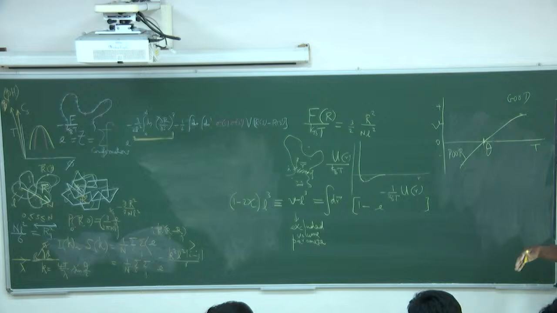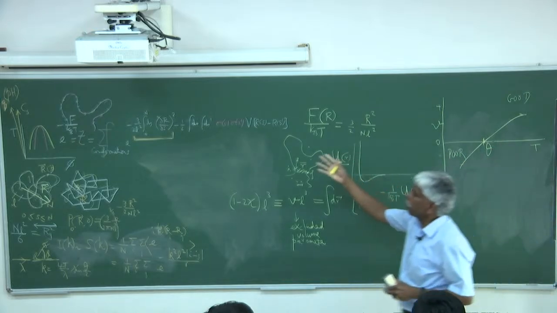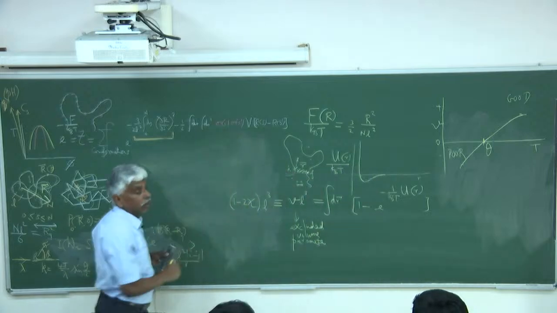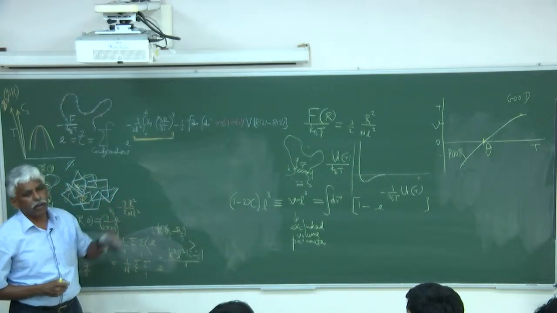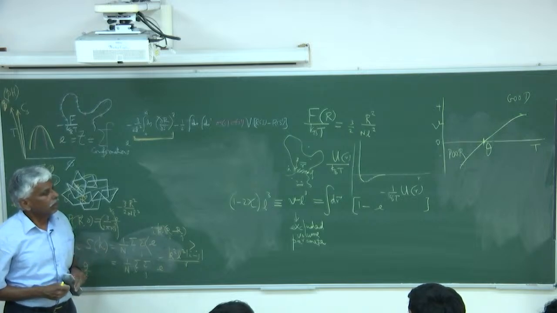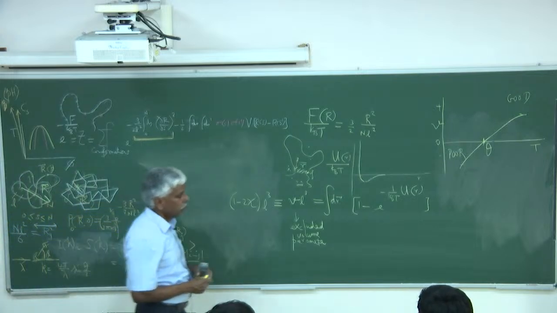Let me assume U of R by kBT is equal to V delta of R, the delta function, a short range interaction.